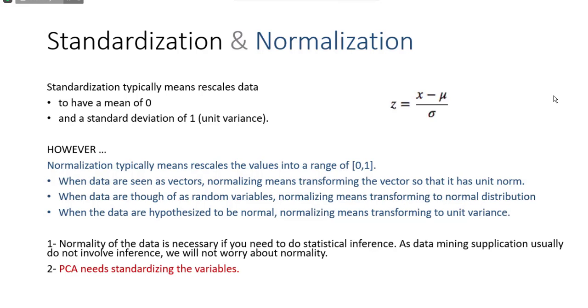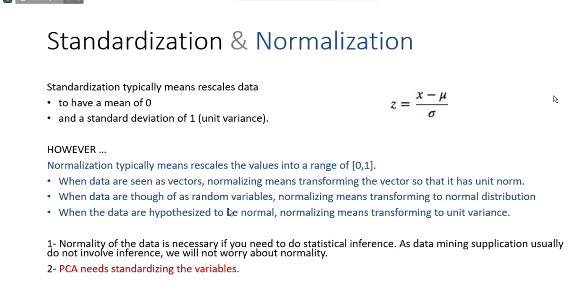But in the second one, we also do something similar, but we only try to make a range between 0 and 1. But there are some points about normalization that we should take care of. When data are seen as vectors, normalization means transforming the vector so that it has unit norm. And the unit norm, you know what it means in vector computations.